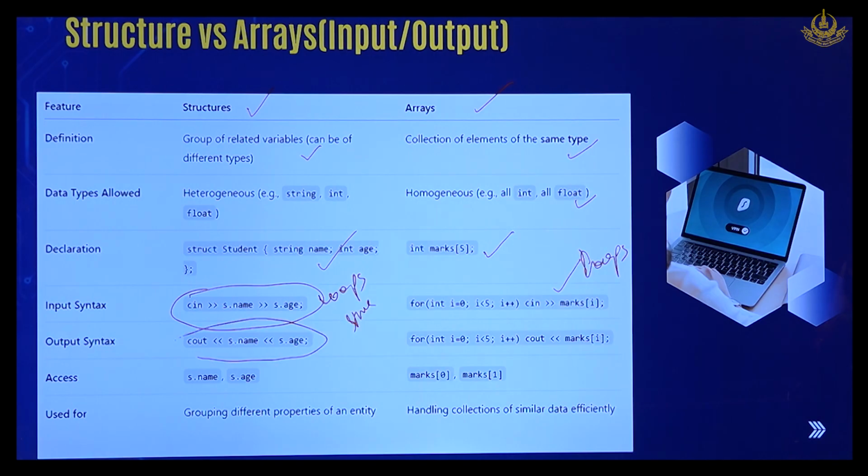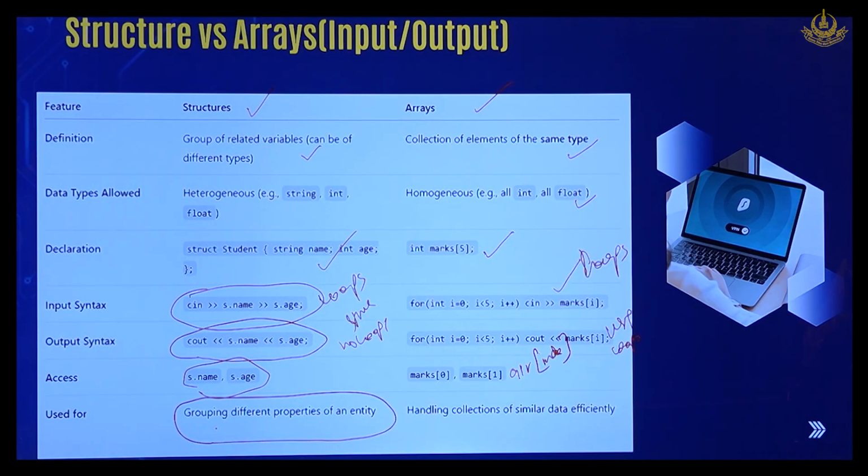Similarly, we can output the structure values in the same line, all of them, but we have to do it manually. No loops here, but we can use loops for arrays. And if we have to access a value, we write the structure variable name dot var name, and in the case of an array, we just give the array name and then the index.